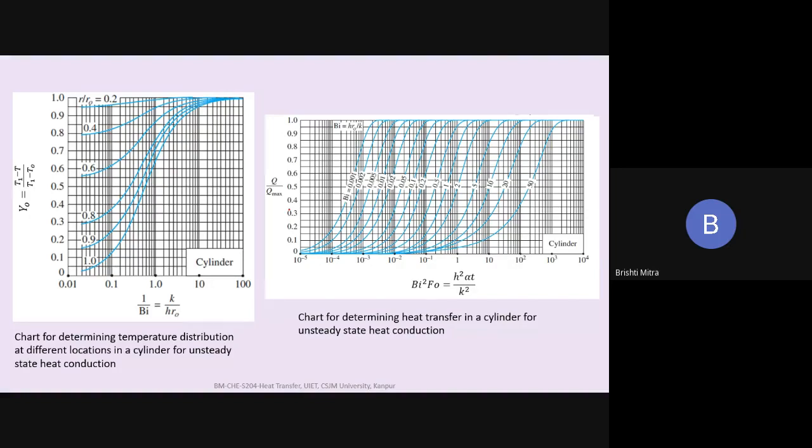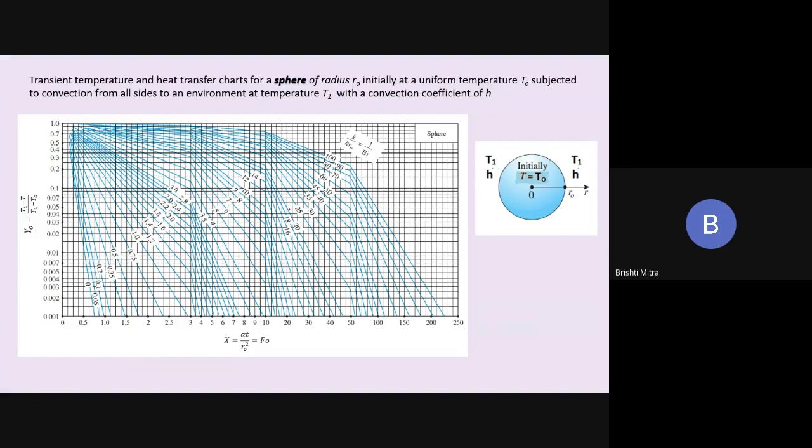a cylindrical body. And the last set of figures is for a sphere. Again, if you read the corner, it is written that it's a sphere. The center is 0, it is going out, and the radius is equal to r0. So we calculate the Fourier number, calculate the Biot number, so 1 by Biot number out here.